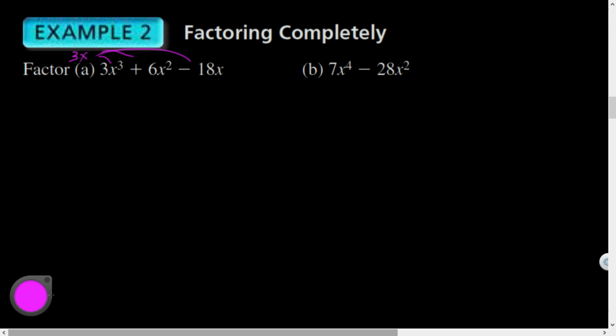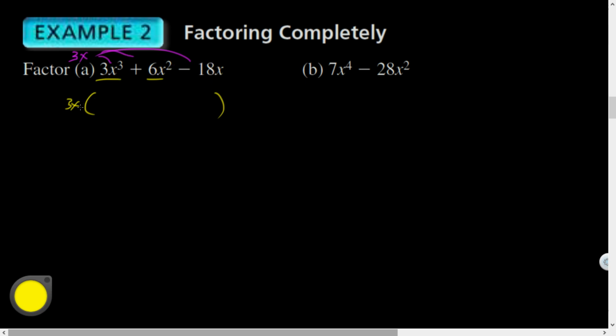So I'm going to steal a 3x. 3x outside of a 3-termed expression. a 3 and an x, right? 3 goes into both 3, 6, and 18, and x goes into x cubed, x squared, and itself, is what I'm stealing.